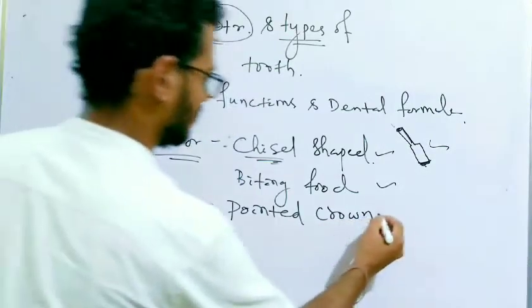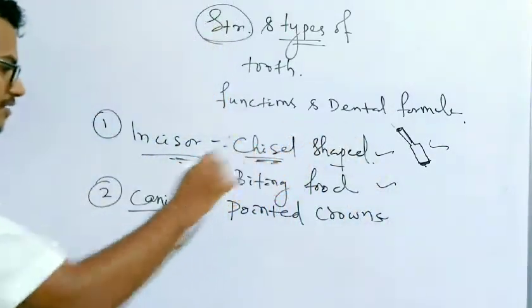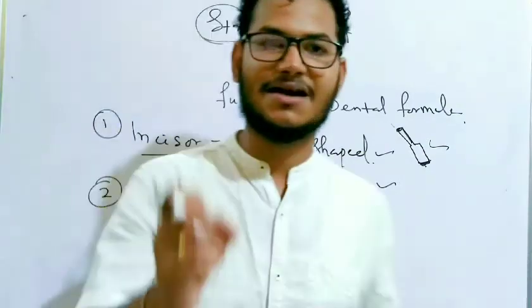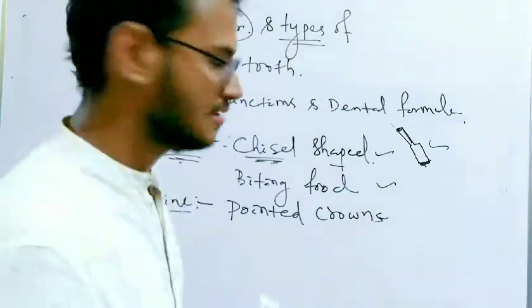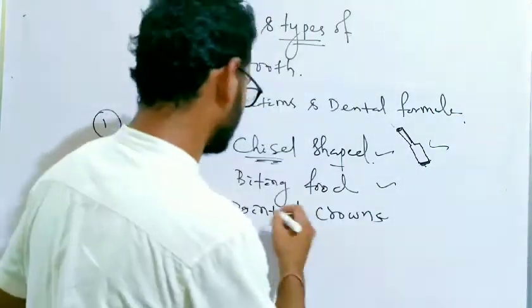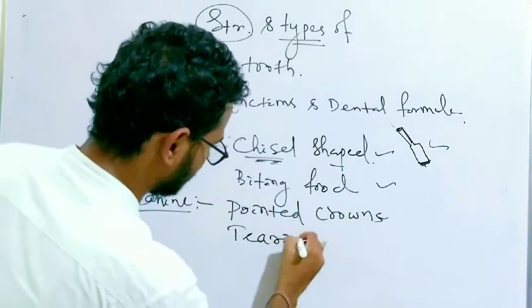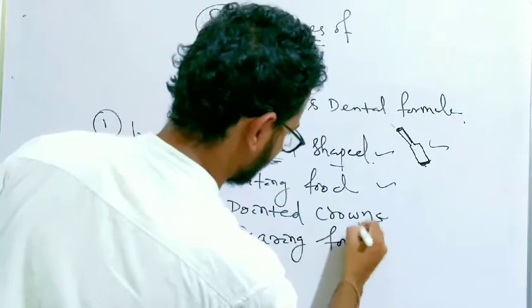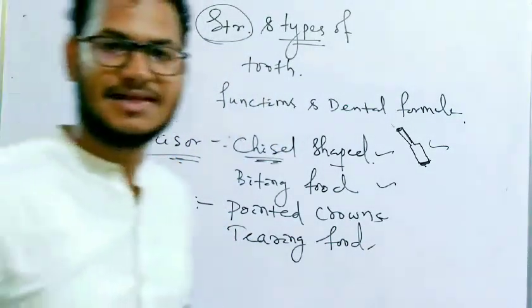In case of incisors, they have chisel shaped crown, but here in canines they have the pointed crown, which helps for tearing of food. Canines help in tearing food. Clear? So first one is incisor, then canine.